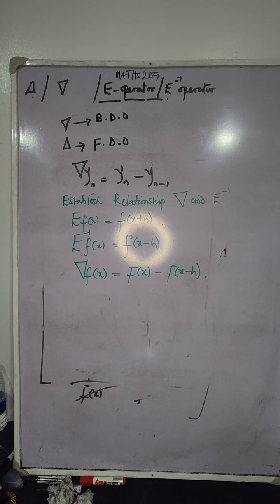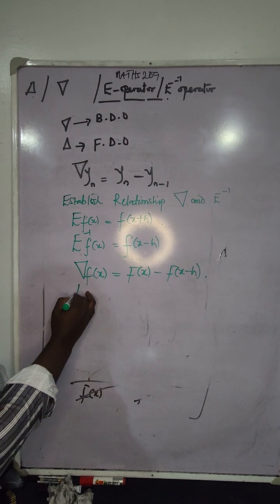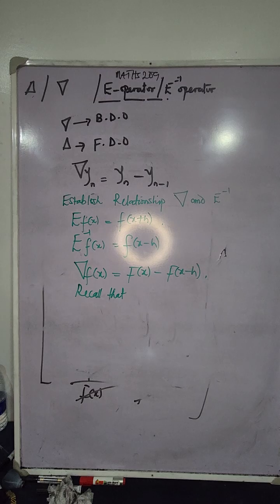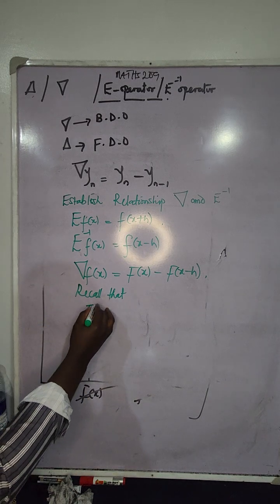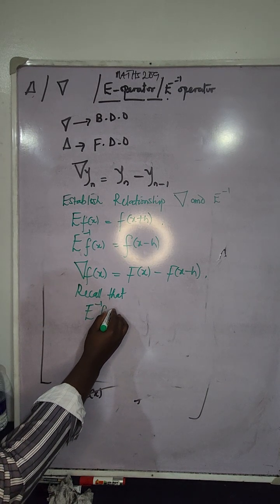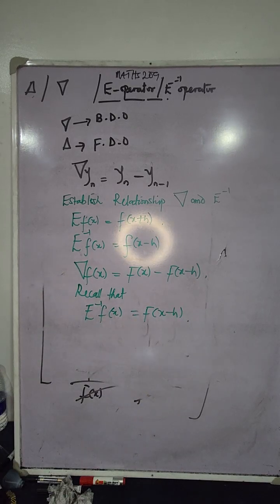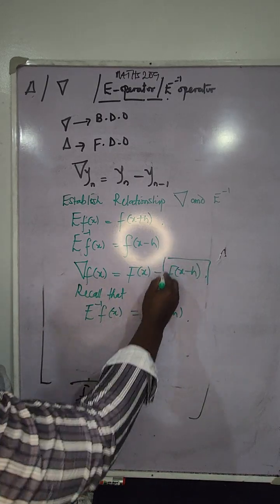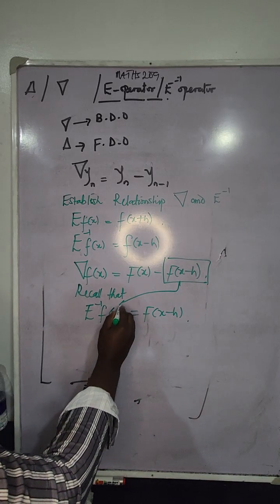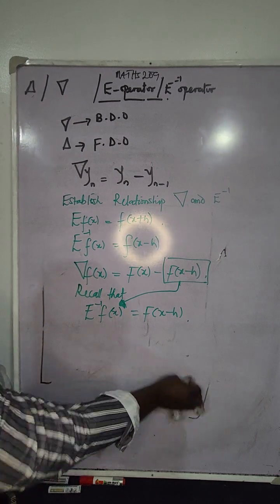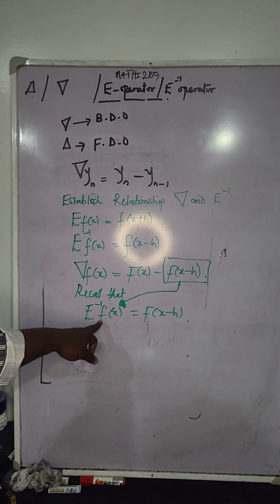So let's move forward from here. Recall that E inverse of f of x is f of x minus h. So what I'm going to do here is replace this part of the function with E inverse of f of x.